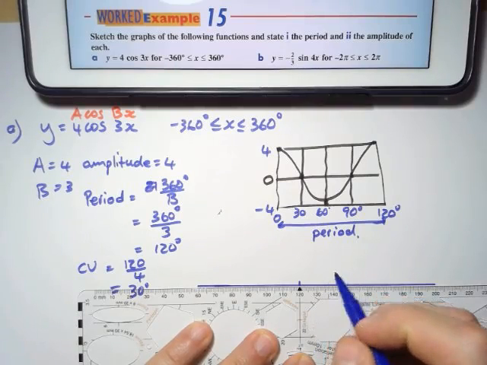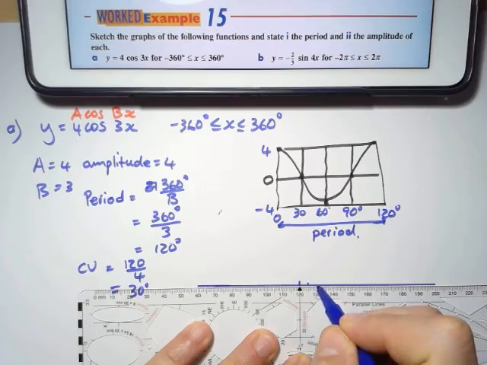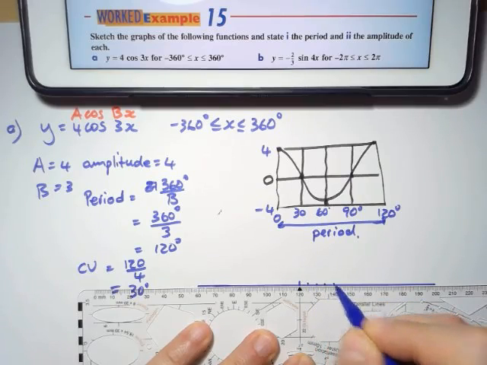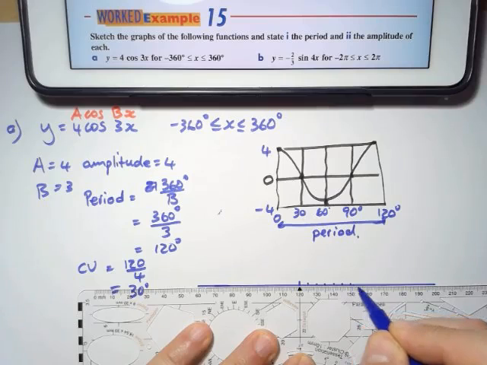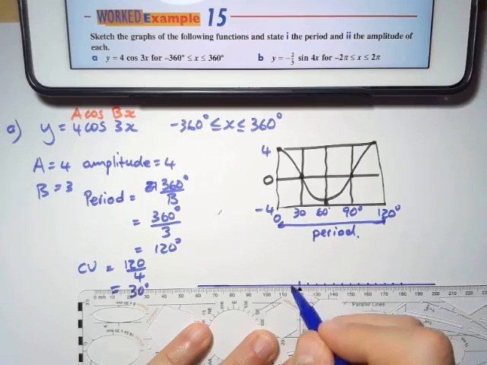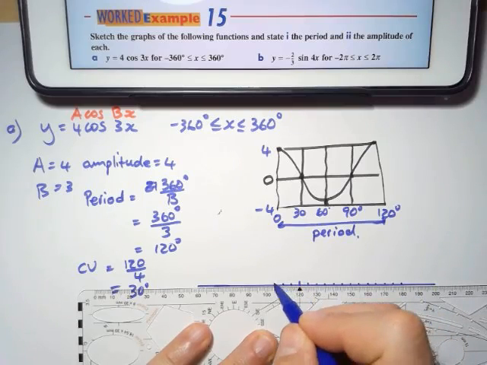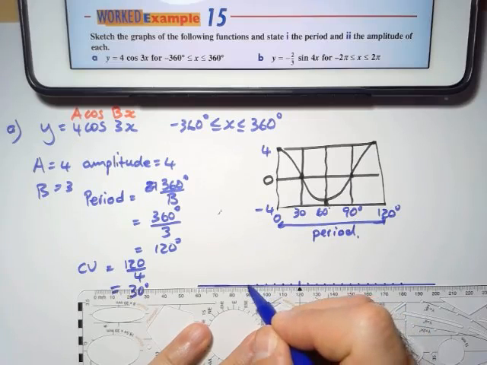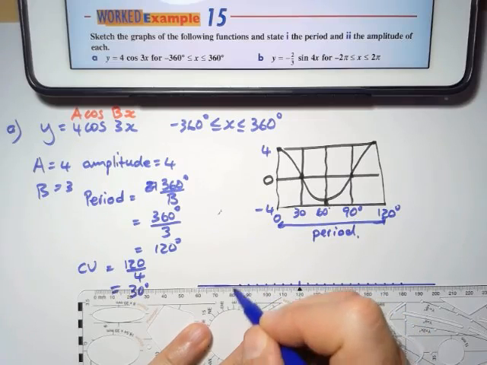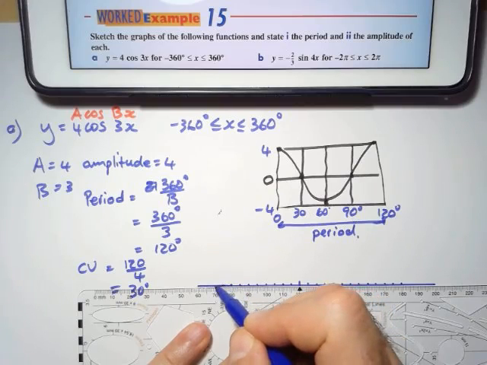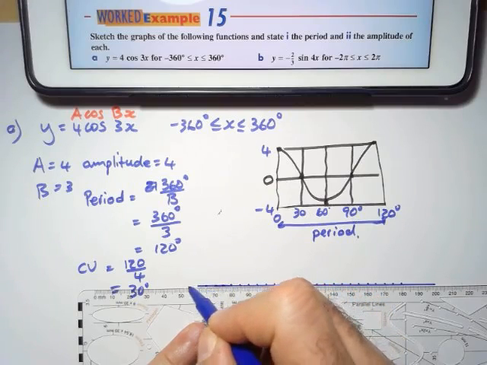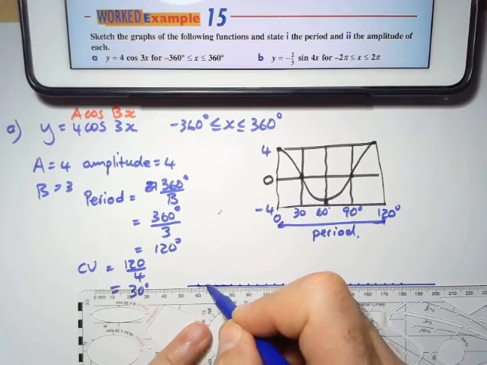So I'm just going to go and say this is 30, 60, 90, 120, and repeat that for each graph.